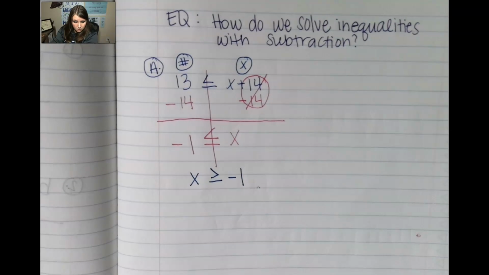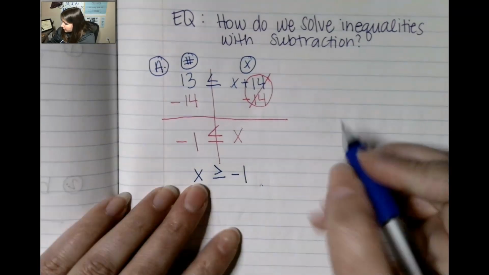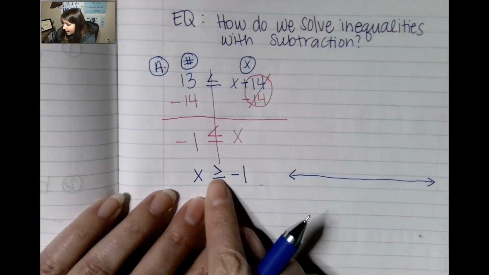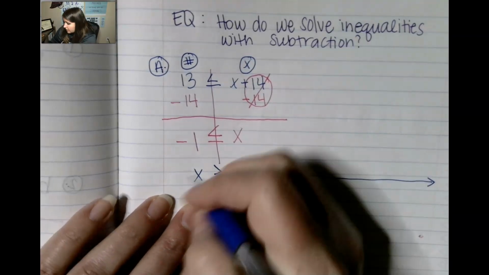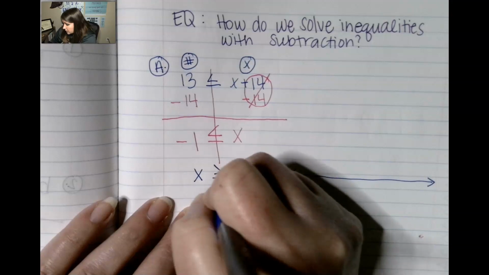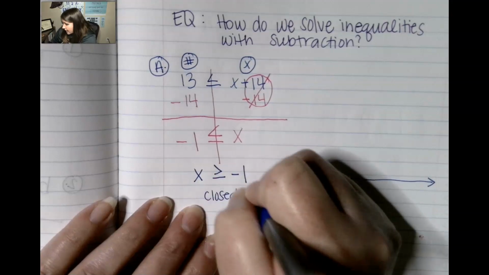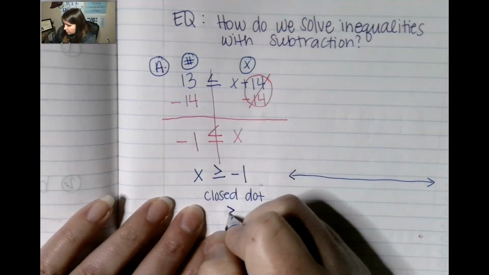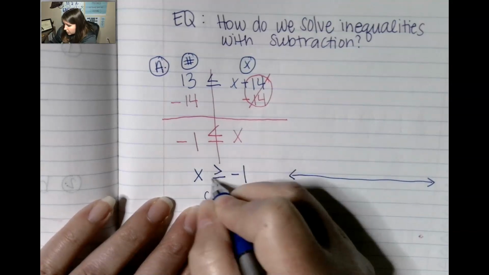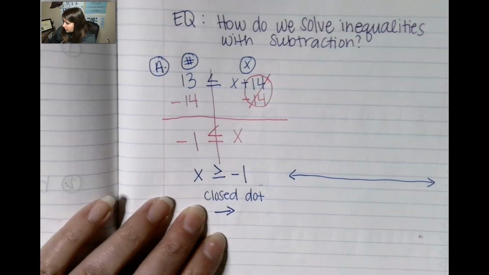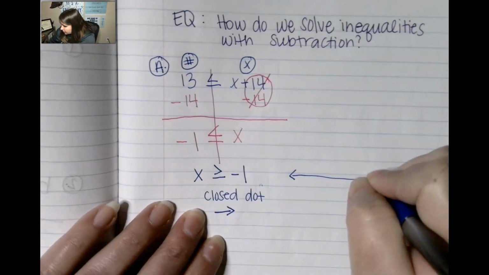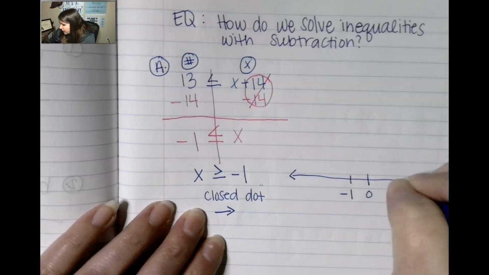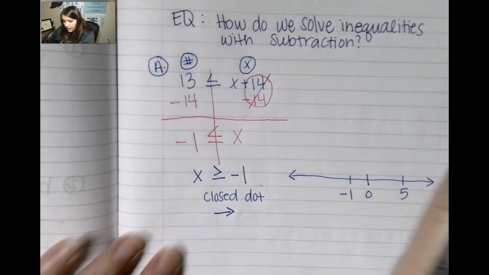So now we're ready to graph. So in our number line, we know that when it has a line underneath it, the dot is going to be closed. So we're looking at a closed dot. And now our arrow is going to point that direction just like it shows right here. So let's go ahead and graph this. So there's 0, there's negative 1, here's a positive 5.